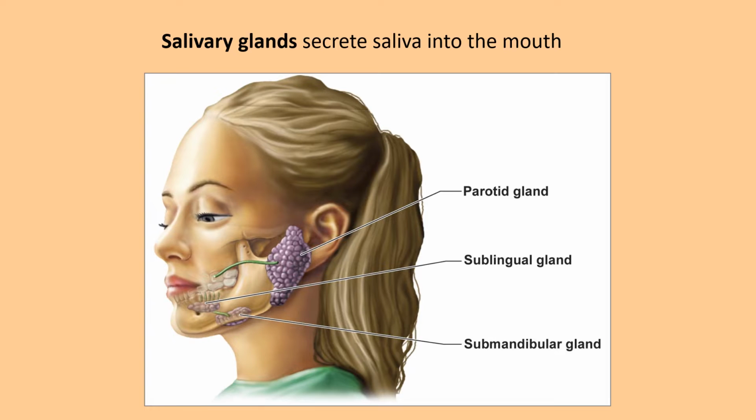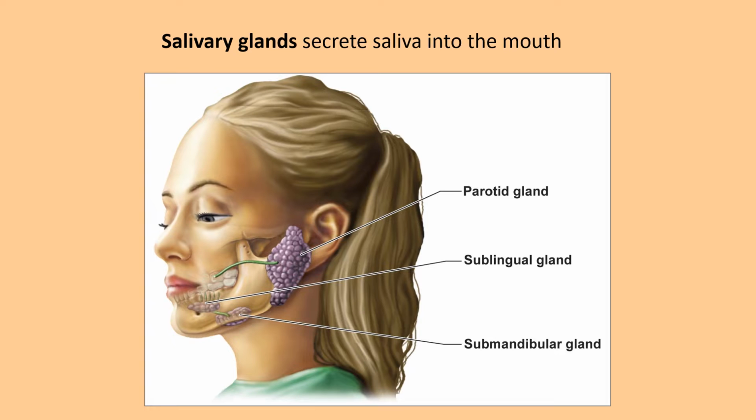There are 3 sets of salivary glands. There are 2 parotid glands, and they're located just anterior to your ear, just deep to the skin. If we sliced open the skin next to your ear, we'd see your parotid gland. And then there are 2 submandibular glands just below the mandible on the right and left side of the mandible.